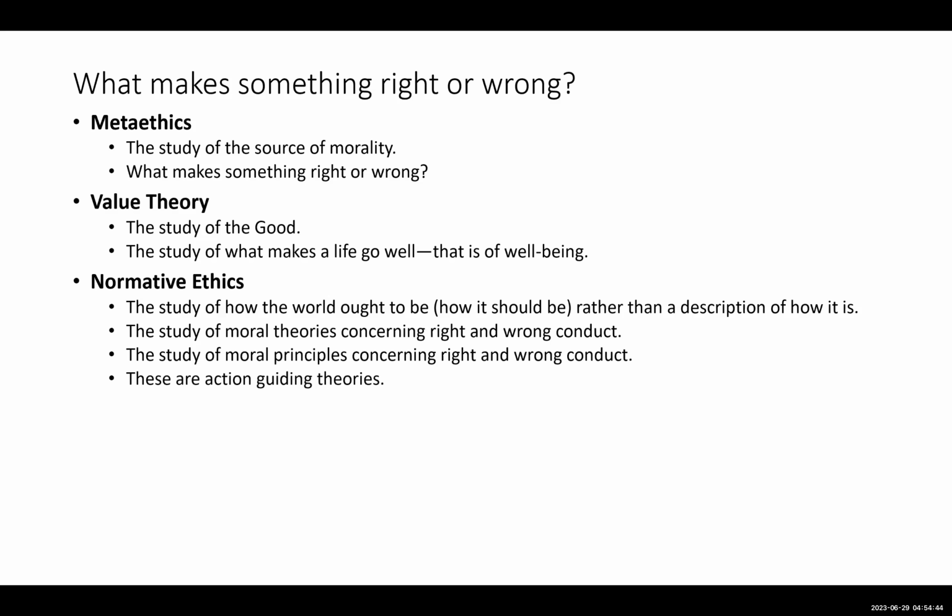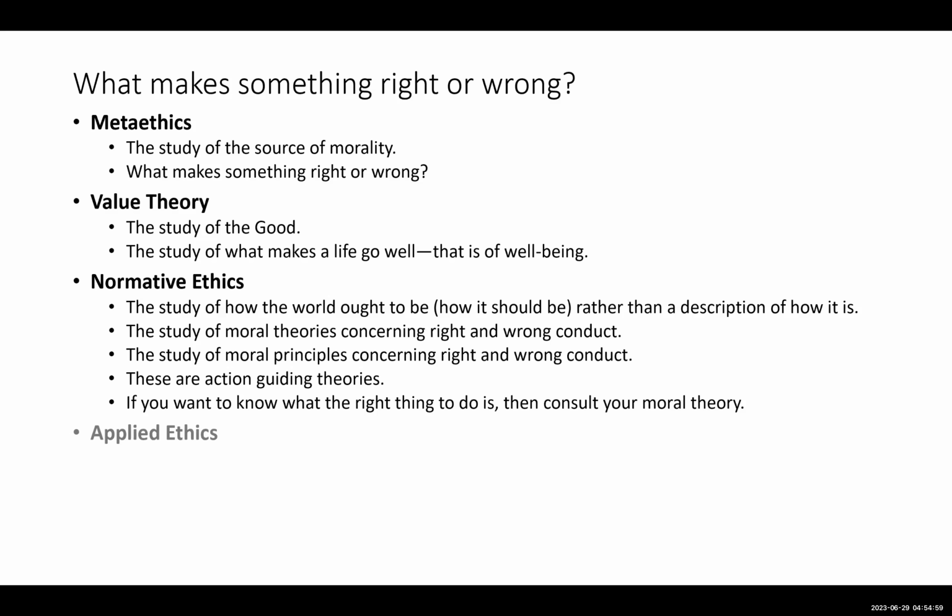These are supposed to be action guiding. They tell us how we should behave, what obligations we are required to fulfill, right? So it's telling us what morality requires of us. So if you want to know what the right thing to do is, we consult the theory.